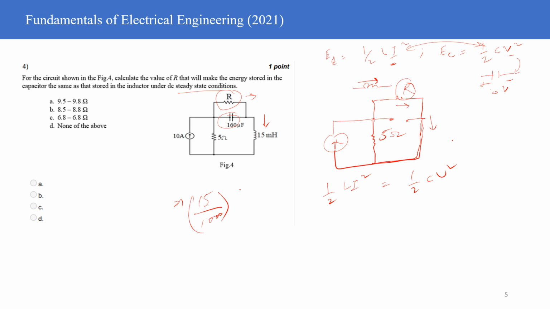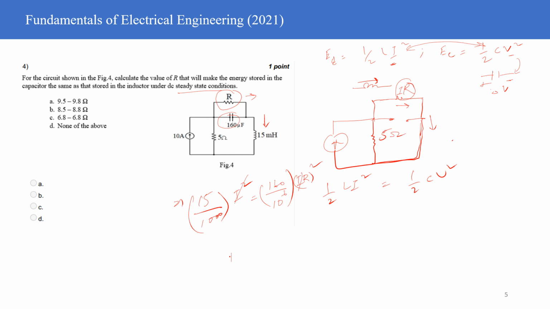So current I square, from this equation, is equal to C, capacitance 160 times 10 power minus 6 because microfarad, right? V square, what is the voltage across the capacitance? It is nothing but the IR drop, whatever the IR drop was here. So I R square, right? So I square also will be cancelled.